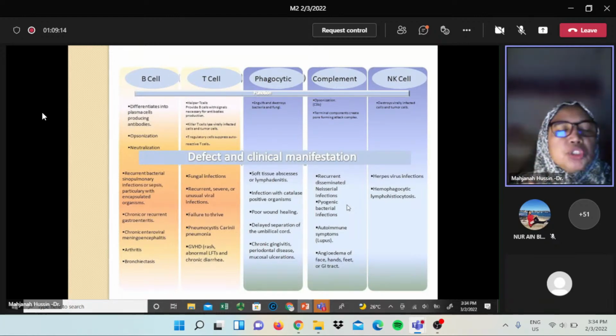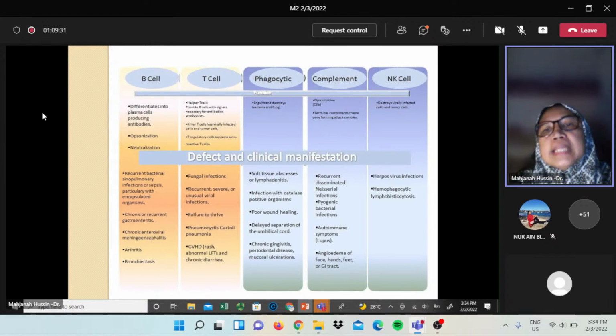You can have angioedema of your face, skin, and GI tract. It's just because of non-functioning complement, or the amount of the complement molecule is not in the normal range.